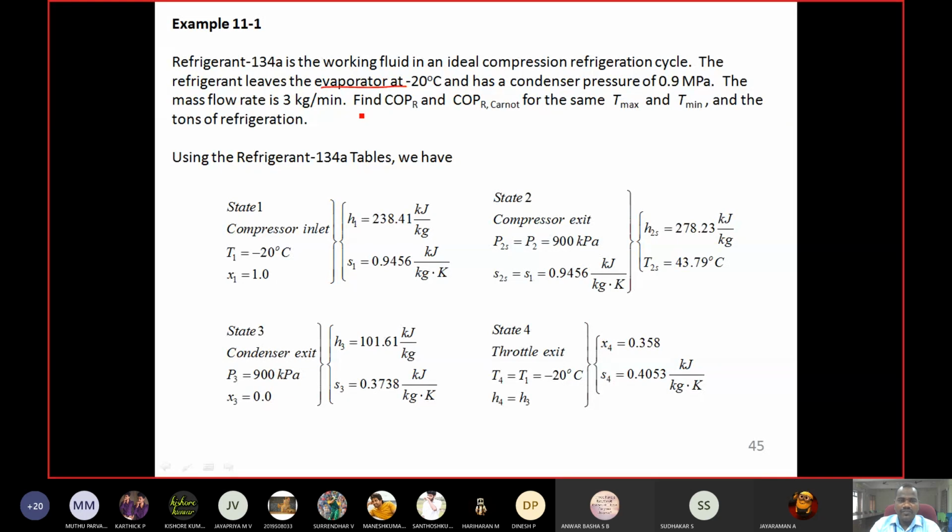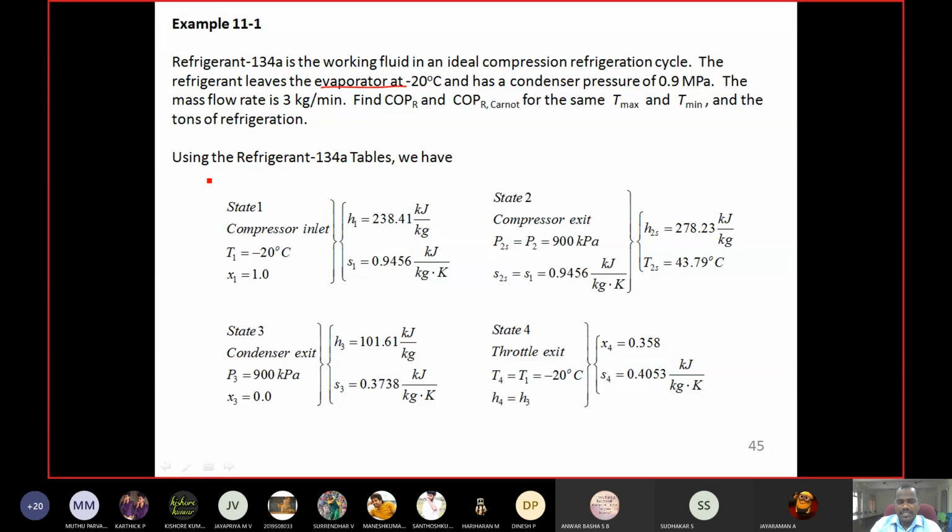The thing is, we need to find the COPs for both the refrigerator and Carnot. Right, so we have the formula, and we have the given data, so we can try to solve the problem.